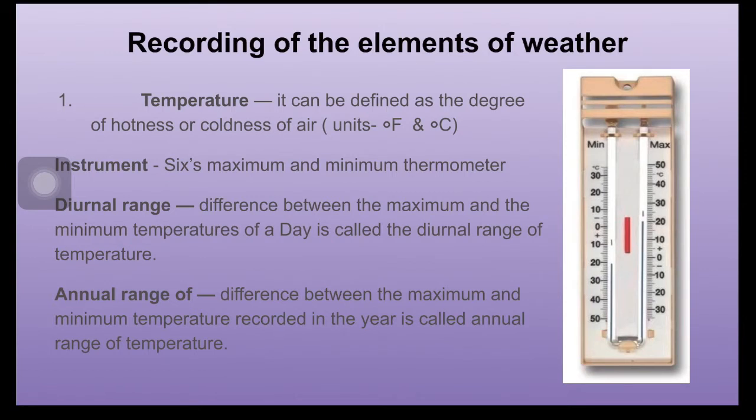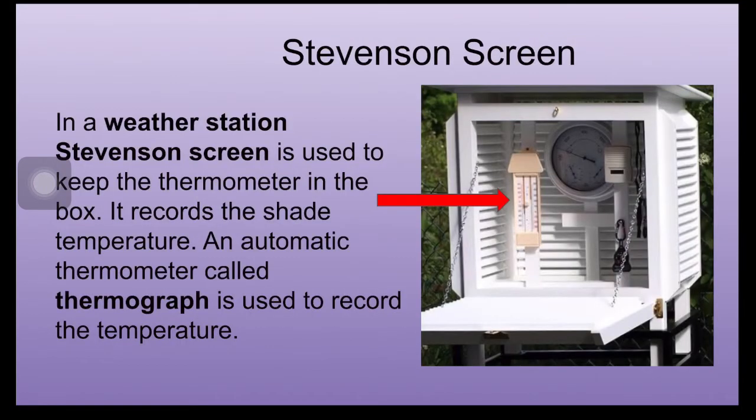The difference between the maximum and the minimum temperatures of a day is called diurnal range of temperature, whereas annual range of temperature is the difference between maximum and minimum temperature recorded in the year.